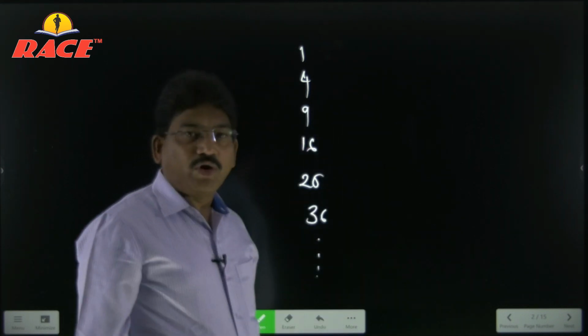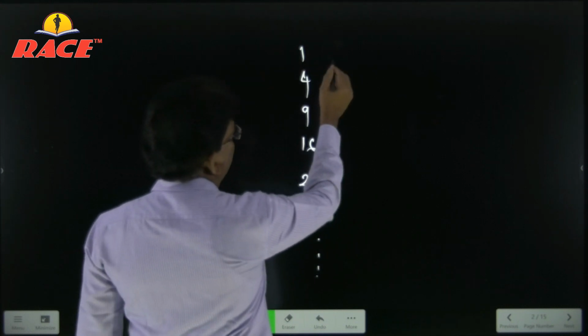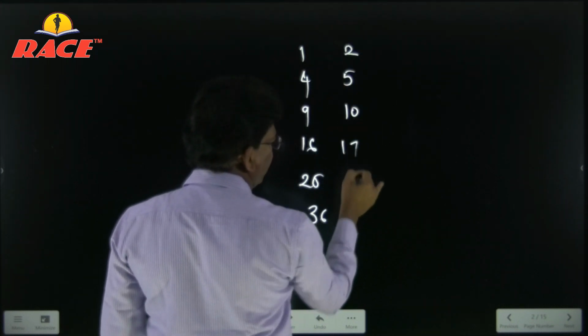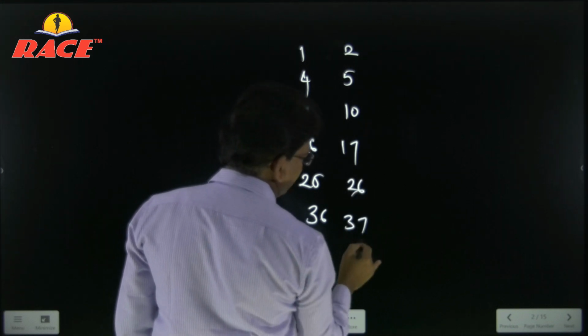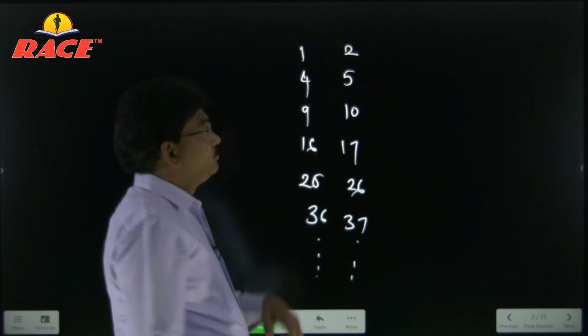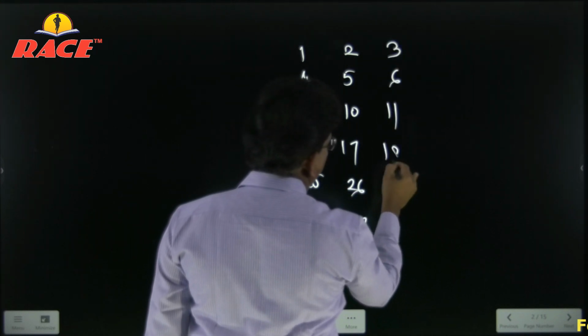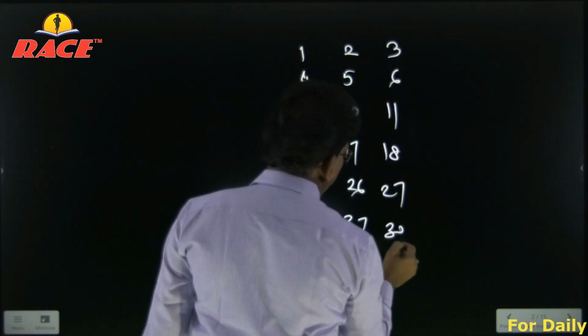Then next, you write square plus 1, 1 square plus 1, then 2, 5, 10, 17, 26, 37, like that. Then square plus 2: 3, 6, 11, 18, 27, 38, like that.